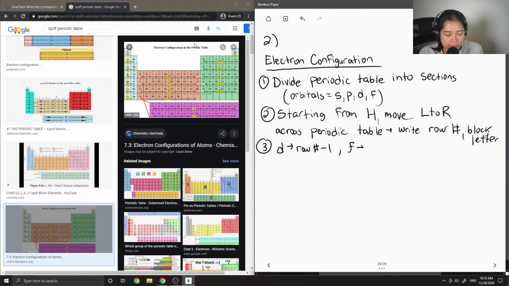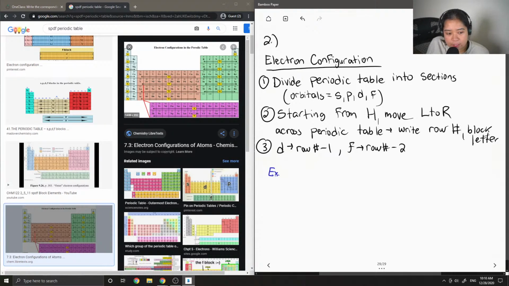And for the F, you write the row number -2. So those are the basic steps on writing electron configuration.